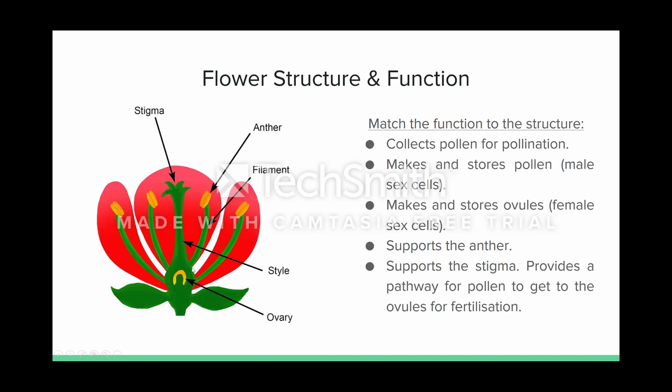You've also got your style, which is holding up your stigma to support it in receiving pollen, and your ovary, which is where your egg cells are going to be. When that flower is pollinated first, pollen turns up, and then the egg becomes fertilized by that pollen. When that fertilization happens, you'll have a seed developing in this area here. So that's your basic flower structure.